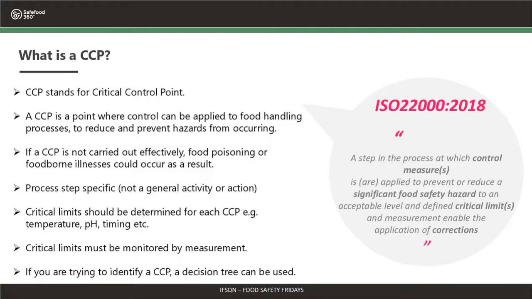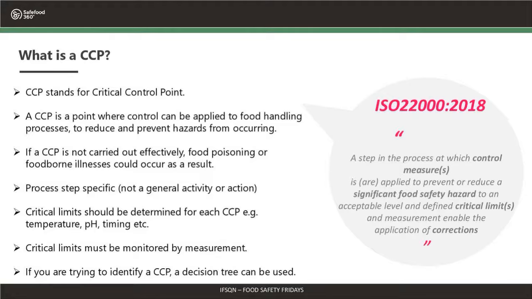So a point where control can be applied to food handling processes to reduce and prevent hazards from occurring. So a CCP is a point where absolute control of the hazard is. That's what a CCP is. And if a CCP is not carried out effectively, then food poisoning or foodborne illness could occur as a result.